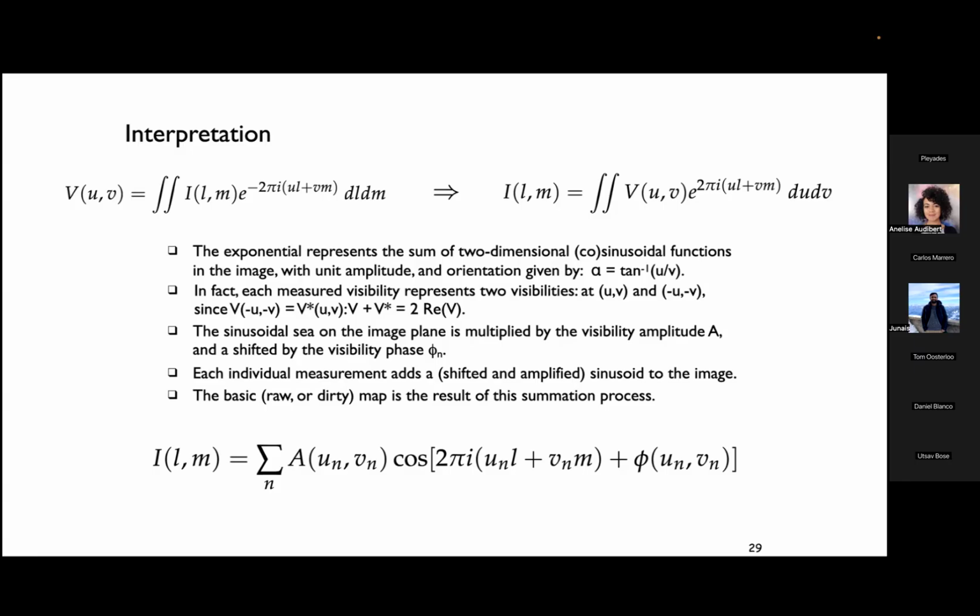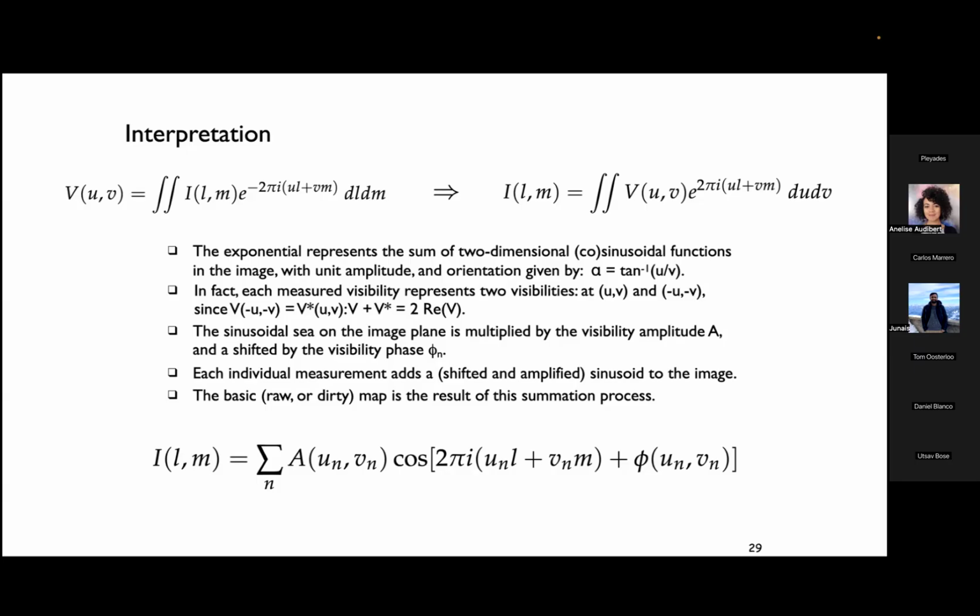So when you do this sum, you sum the visibility at -u, -v and at u, v, and they have the opposite phase. So if you add those two, you only have the real part, because the imaginary part has opposite sign. This also has to be so because our image has to be real. We do a Fourier transform, and these are complex numbers. This is a complex number, but this is real.